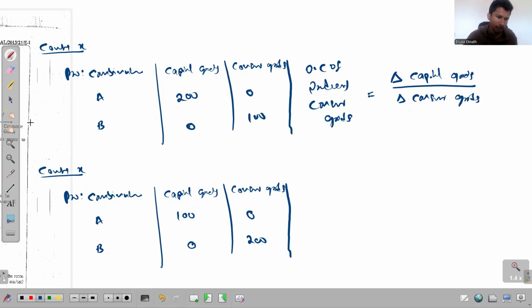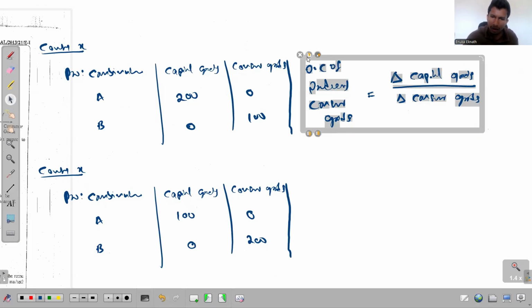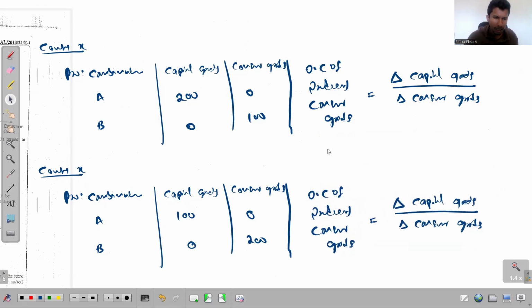And this is the equation that we are going to apply for both these countries. So delta capital goods, the change of capital goods would be 200, and delta consumer goods, the change of consumer goods would be 100, so that the opportunity cost of producing a consumer good in country X is just 2.